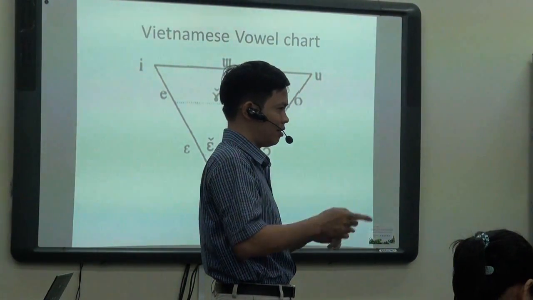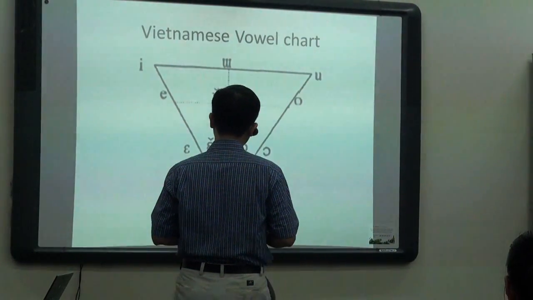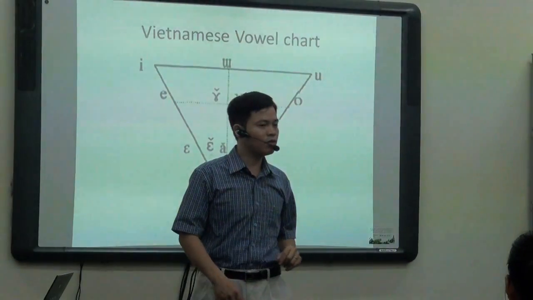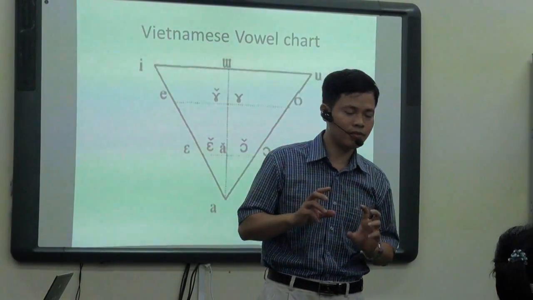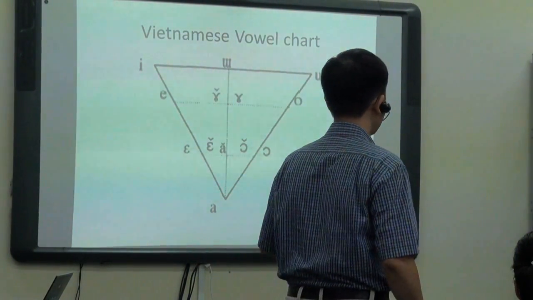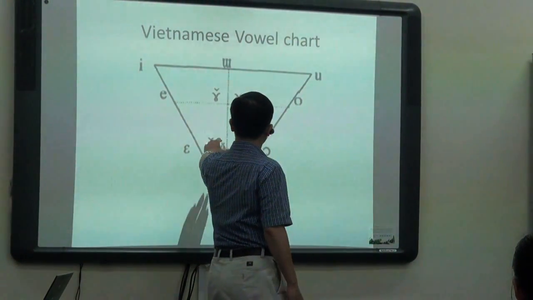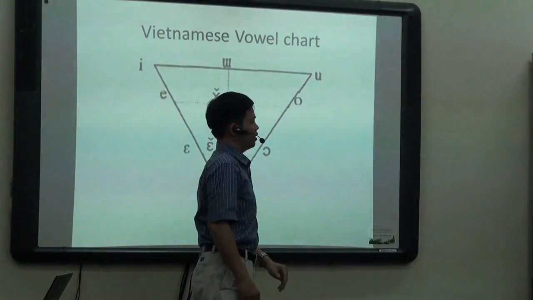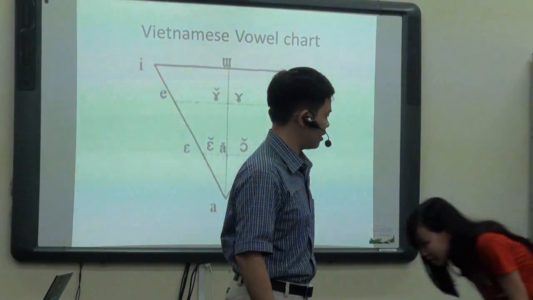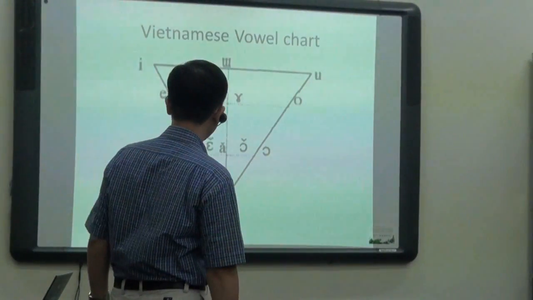It takes the triangle shape, and these new vowels, not really new vowels, but these vowels that we do not see in English, are represented in the mid positions and the half open positions of the mouth cavity.